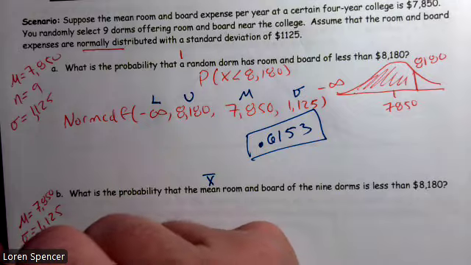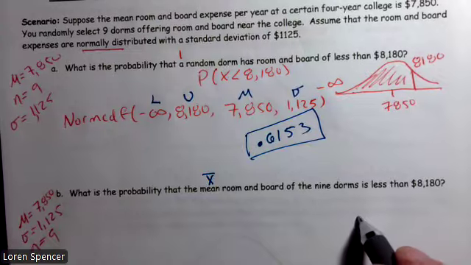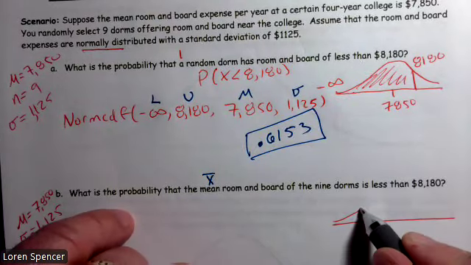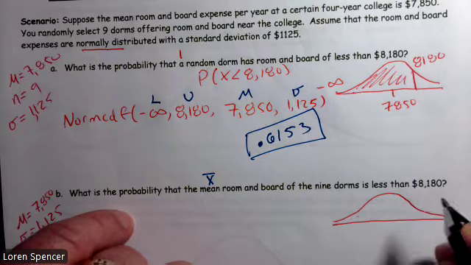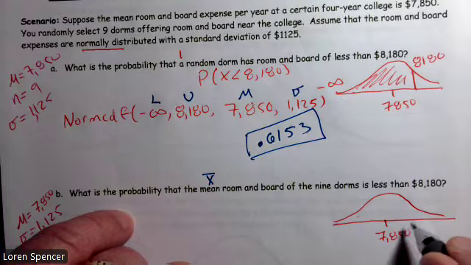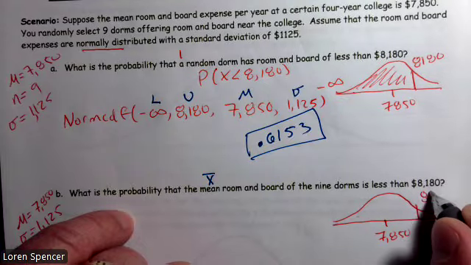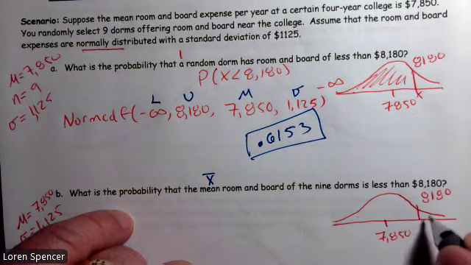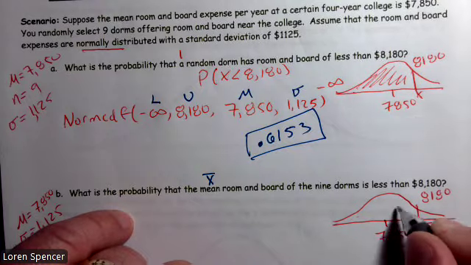Our sample size is 9. We're drawing a picture, 7,850, 8,180, but this is no longer an X. That was an X up here, but here it's the X bar.